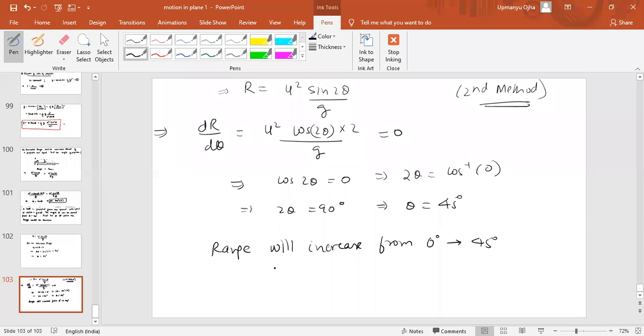Its value will increase when it goes from 0 to 45 degree, and from 45 degree it will keep on decreasing, from 45 degree to 90 degree. So the range value will increase from 0 to 45, and then from 45 to 90 it will decrease.